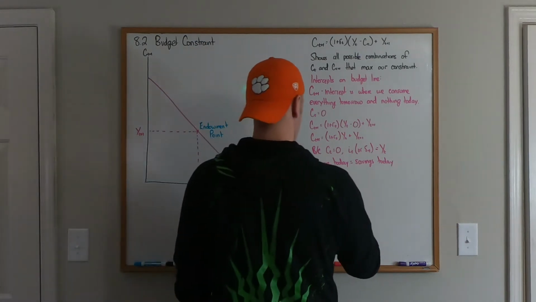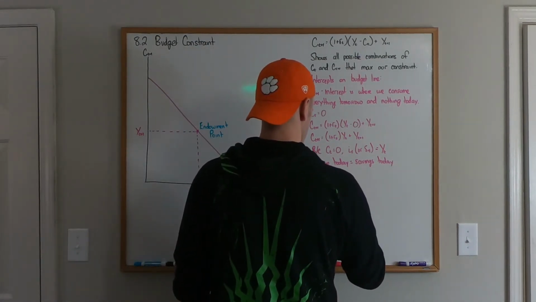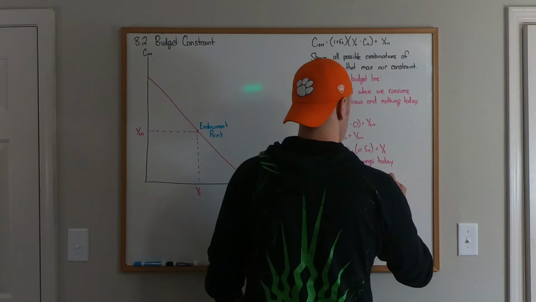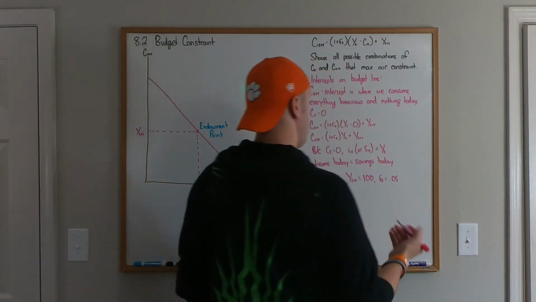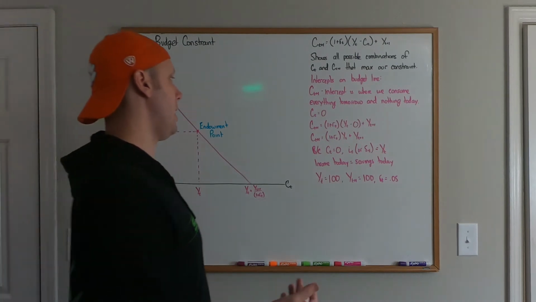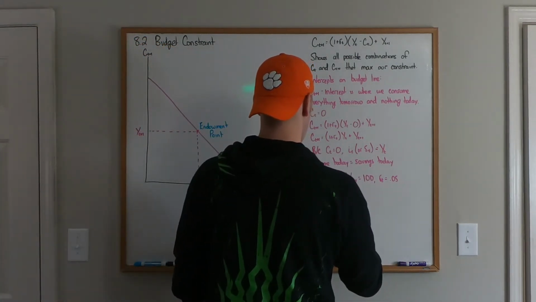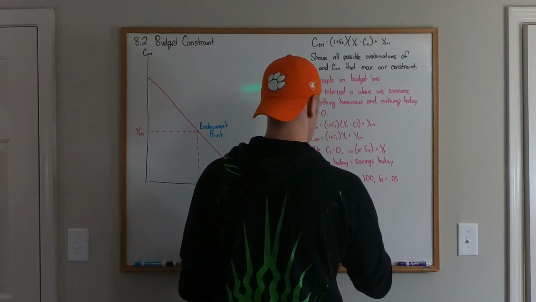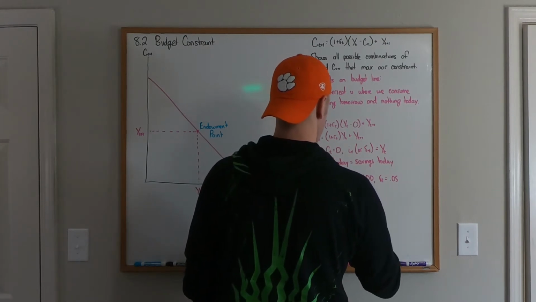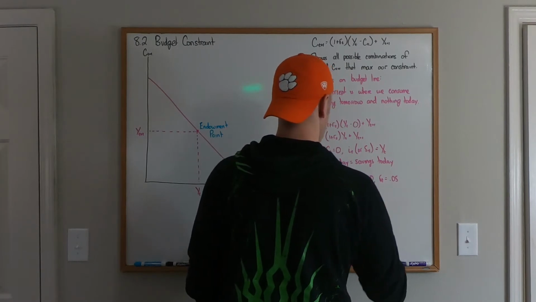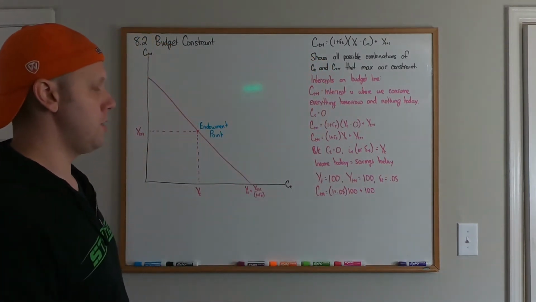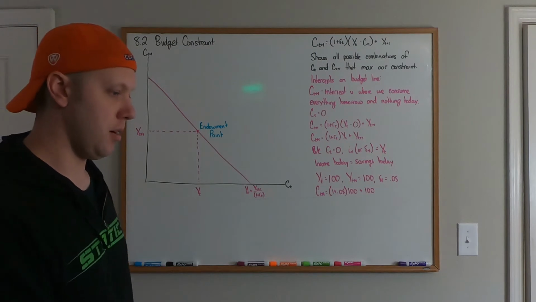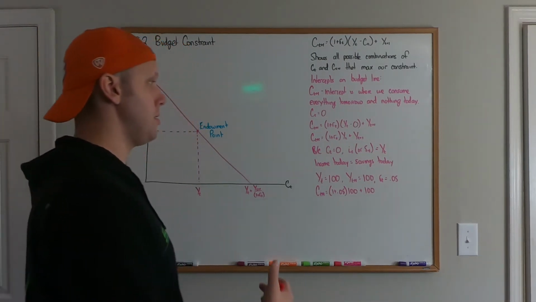Right, so if, let's say, YT were 100, YT plus 1 is 100, interest rate 0.05 or 5%, what I get is CT plus 1 equals 1 plus the interest rate, so it's 1 plus 0.05 times 100 plus 100, because I'm saving that $100 of the first period income, which means tomorrow what I get back is that income, the principal, what I saved, plus 5% of that.